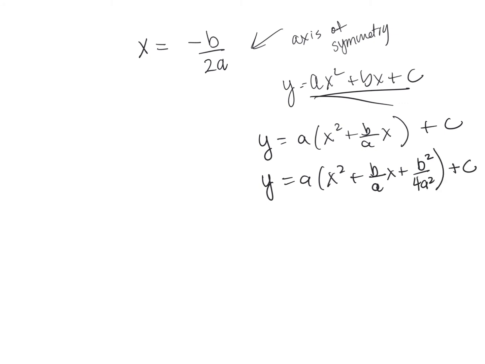You're going to see a lot of pieces here, 4a squared, 4ac, that pop up in the quadratic formula because this is the same way you prove the quadratic formula. Now I can't just add something without subtracting it. That's my bad, sorry. Let's add and subtract it.